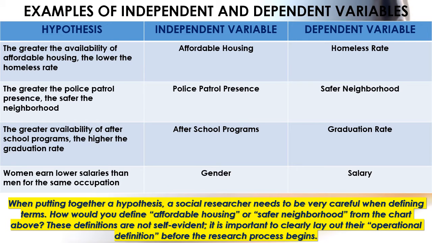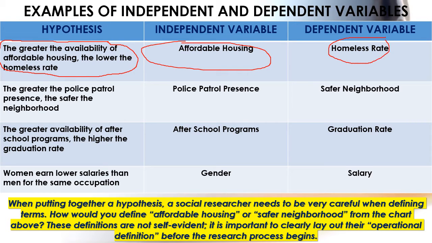So the first hypothesis we have up top here is the greater the availability of affordable housing, the lower the homeless rate. The independent variable is affordable housing, and the dependent variable is the homeless rate.